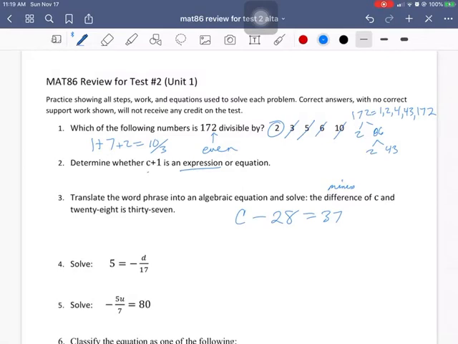So that would be a subtraction. The C would have to be first also because the 37 is not a negative number. And there's no from or more than or less than, so it's not out of order as you read it left to right. So that would be the equation, and C would equal 65. Okay.